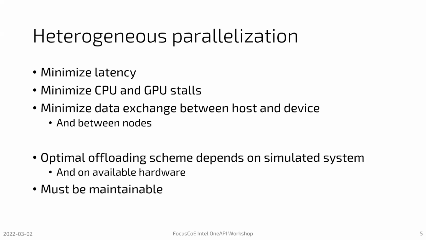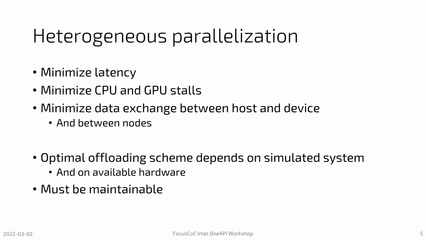And of course, if we are running on a cluster with multiple nodes, we do want to keep the data exchange between nodes to a minimum and try to optimize it so it doesn't become a bottleneck. And that's already not too easy, but additionally, since GROMACS runs on a wide range of hardware and a wide range of simulated systems, the optimal scheme to offload hugely depends on them.